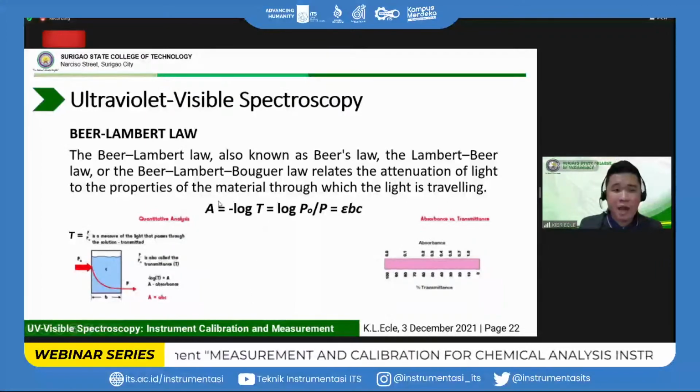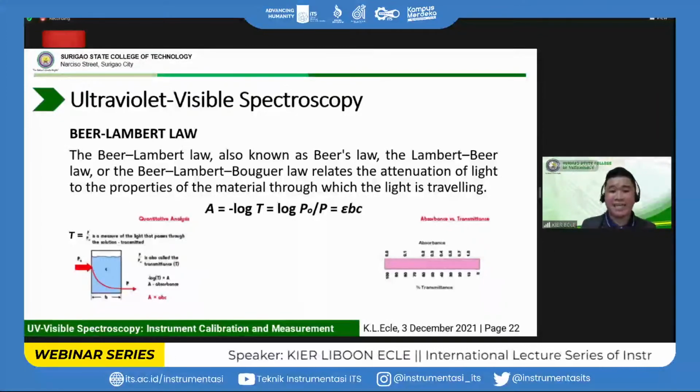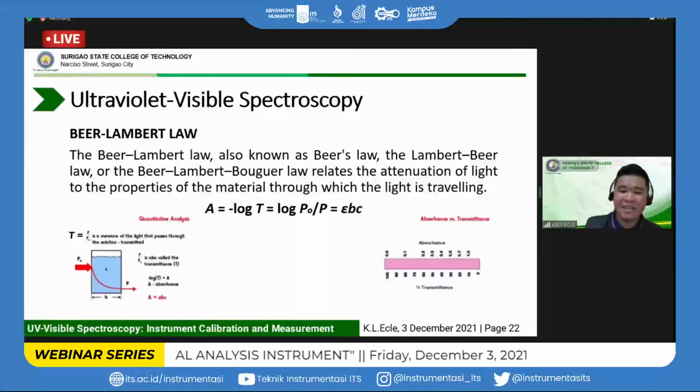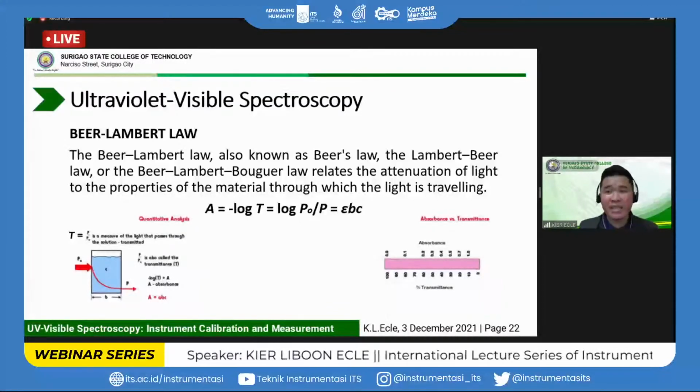According to Beer-Lambert law, absorbance is equal to the negative log of transmittance, or equal to the log of the incident radiant power over the transmitted radiant power, or it could also be presented as absorbance is equal to molar absorptivity times your path length, which is the size of your cuvette, or the distance that light travels in the sample, and the concentration of the sample, which is represented by C.